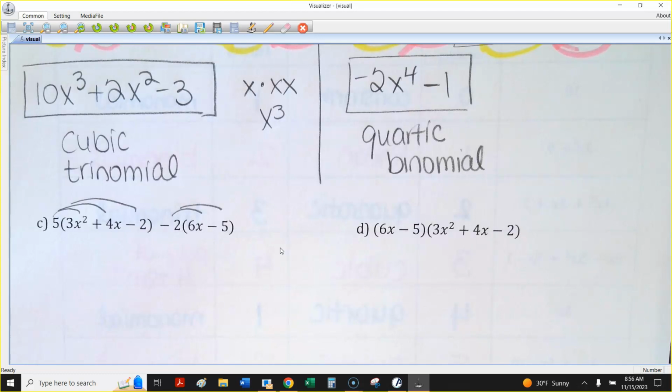And then see if you guys could name it too. Feel free if you want to reference that little table on the front.